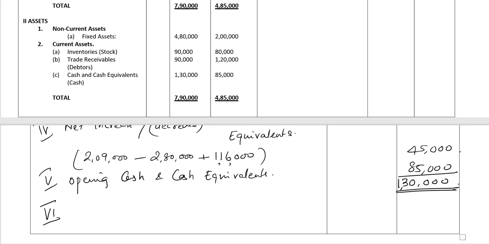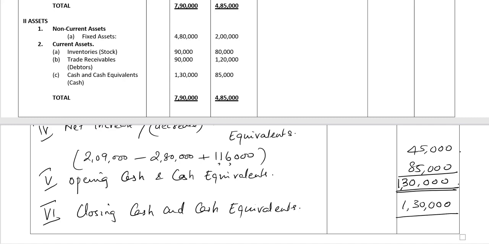This is equal to closing cash and cash equivalents. The closing cash and cash equivalents as per the closing balance sheet is also 1,30,000 rupees. I'll remove the split and we can view the answer.